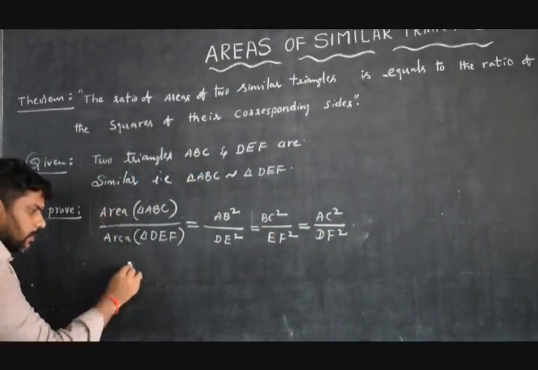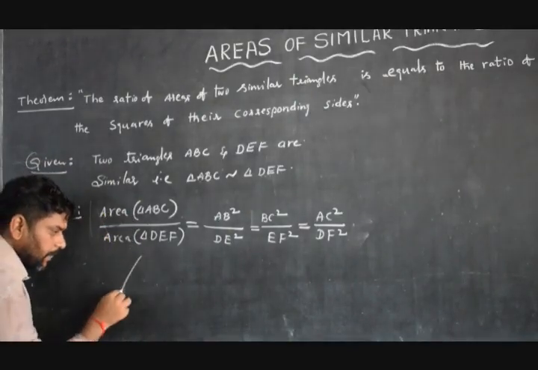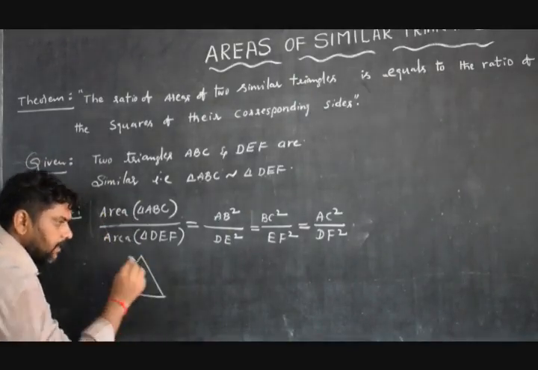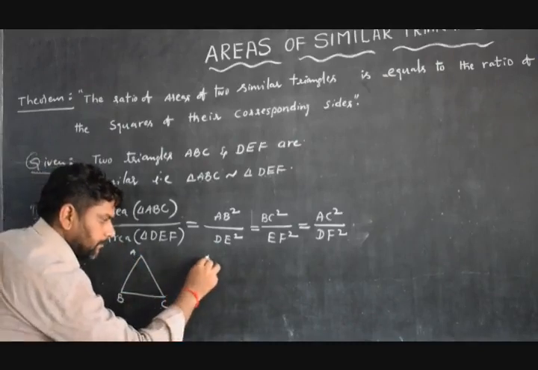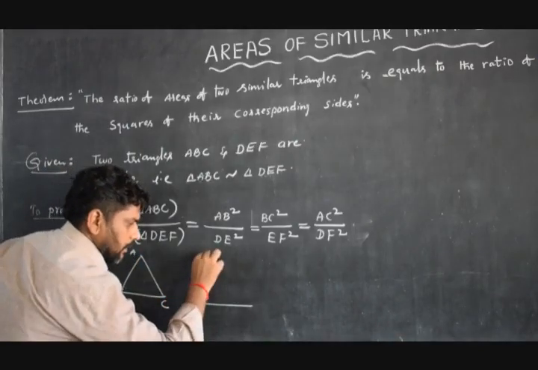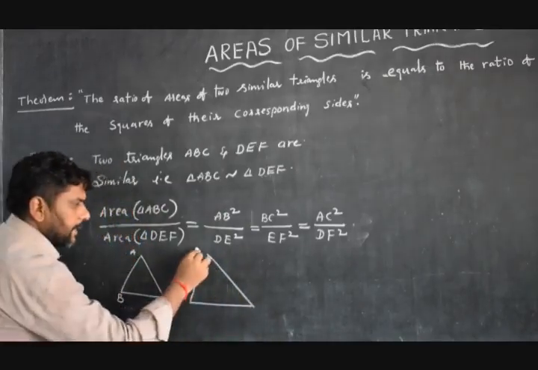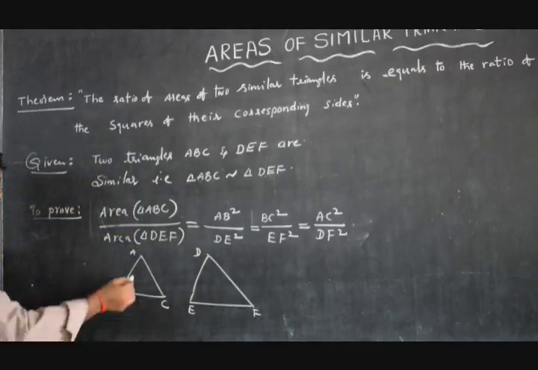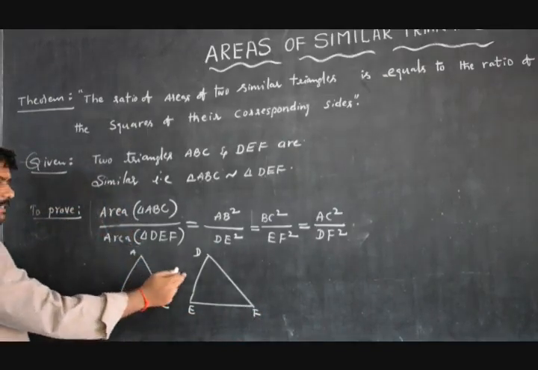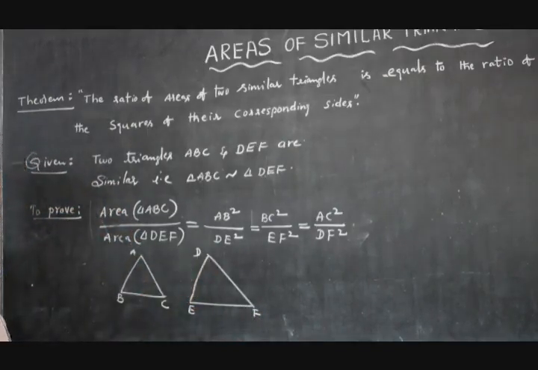For this we are going to draw the diagram. Triangle ABC. This is triangle DEF. Triangle ABC is similar to triangle DEF.